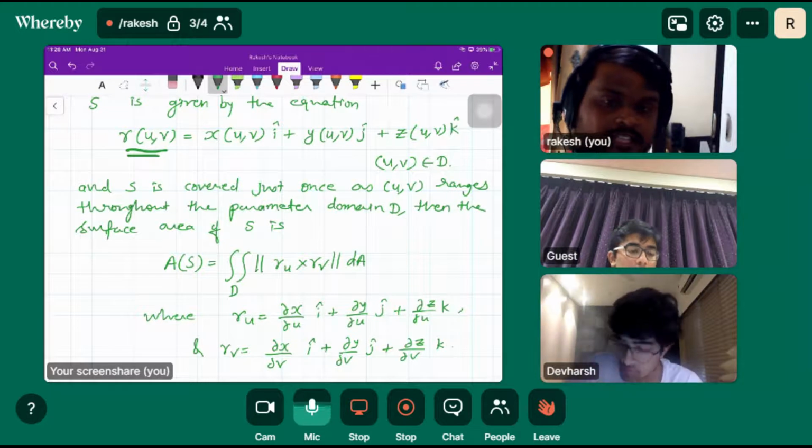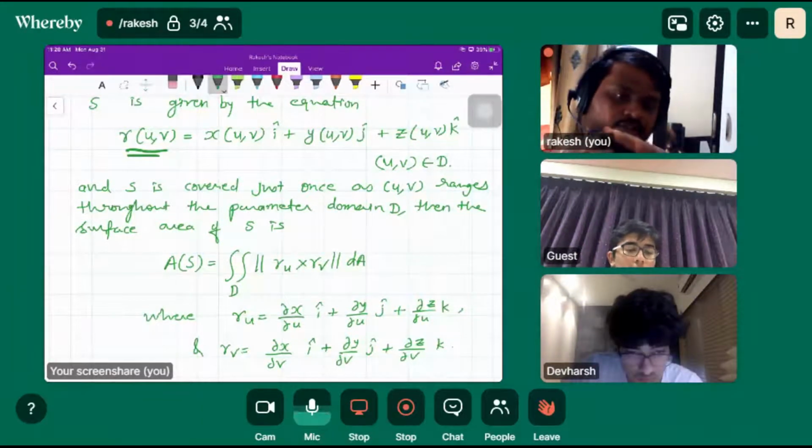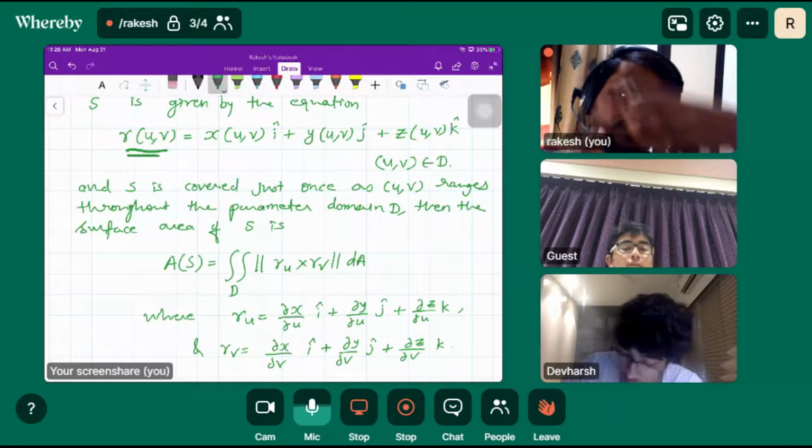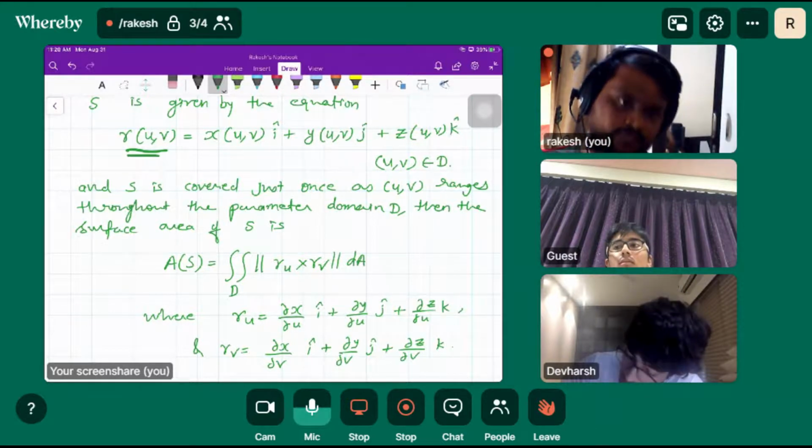See, if I say region, it means I'm talking about the flat region. If I say surface, it has to be a curved surface area or any type of surface.